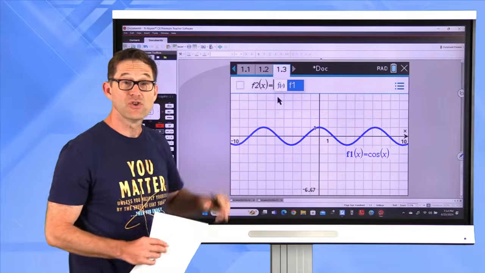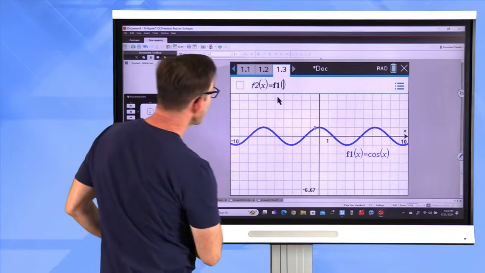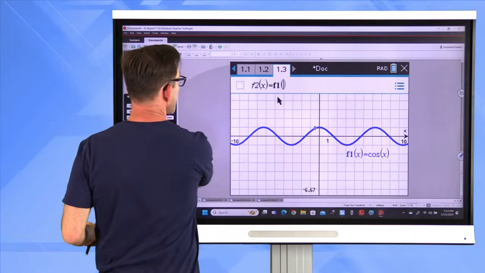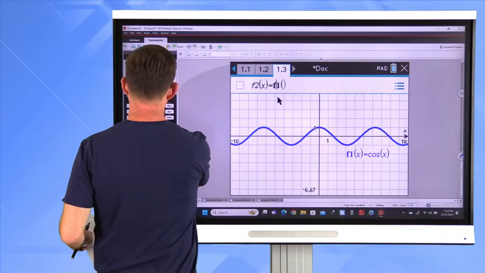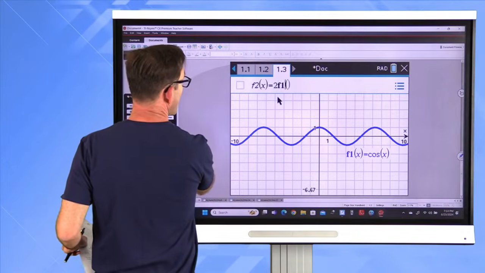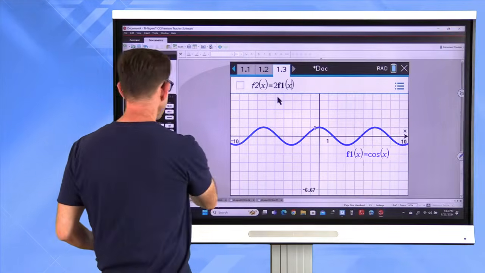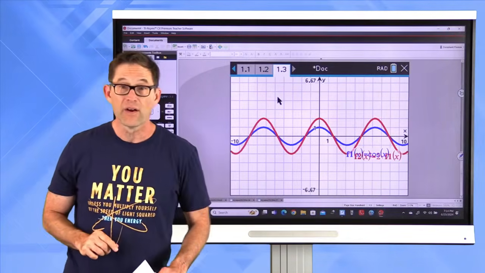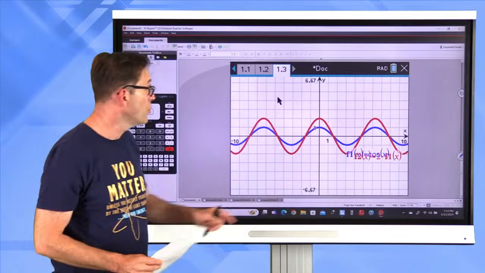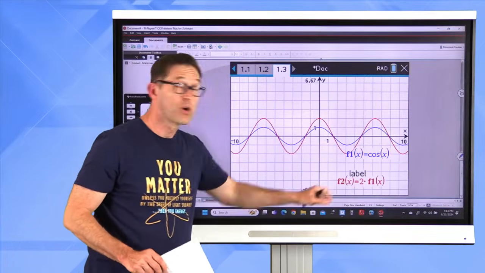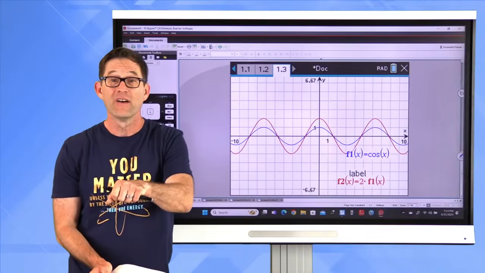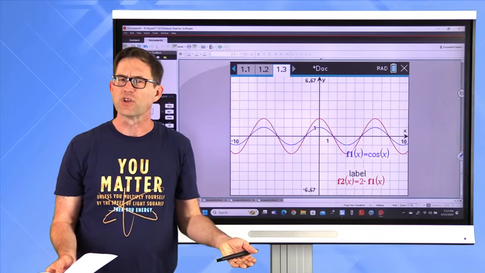I can choose f1, and I'm going to put right in front of it 2 times f1 of x. And remember, f1 of x is cosine x. And there's now f2, which is just a vertical stretch of f1, that's still an even function.